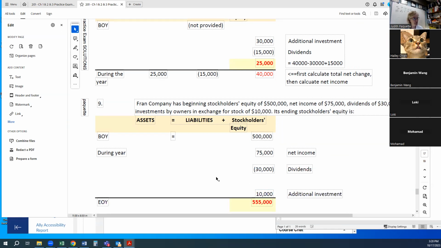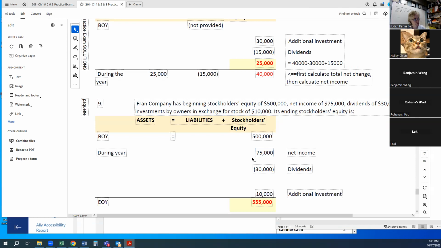But tell me this: in number 9, what was the net change to stockholders' equity during the year? Did it go up or down? So here's the beginning balance, 500,000. Here's the ending balance. Did stockholders' equity go up or down? It went up 55,000.